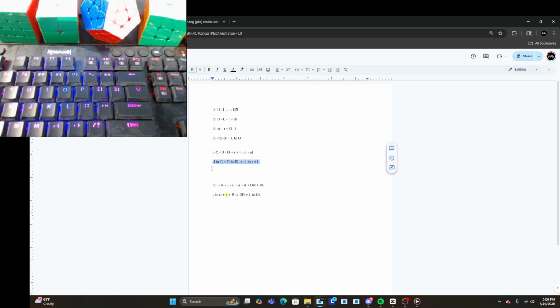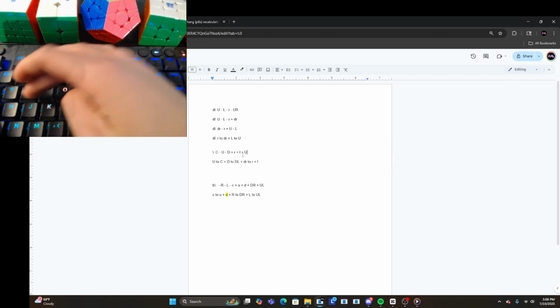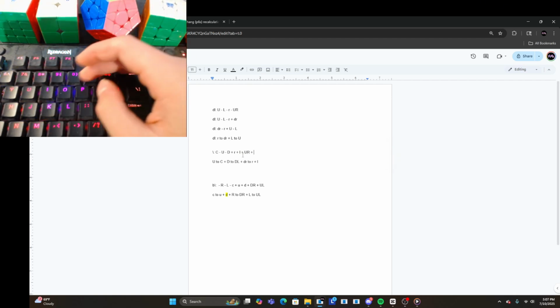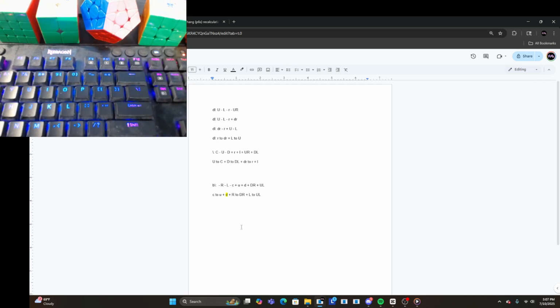And with this, you'll notice I actually had to change the corners here, because before it was plus UR plus DL, and this obviously doesn't work because we only have 2 negatives and 5 positives, so we can't even form the 3 pairs.